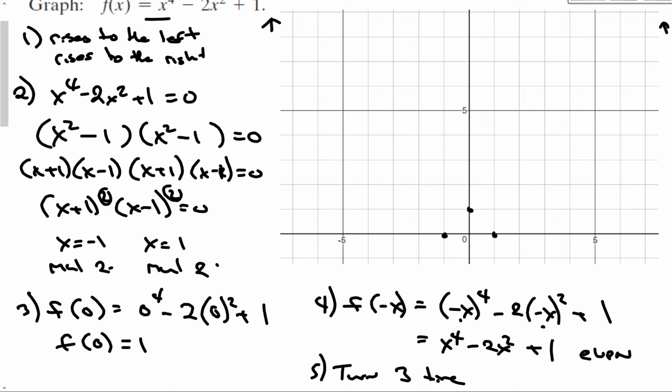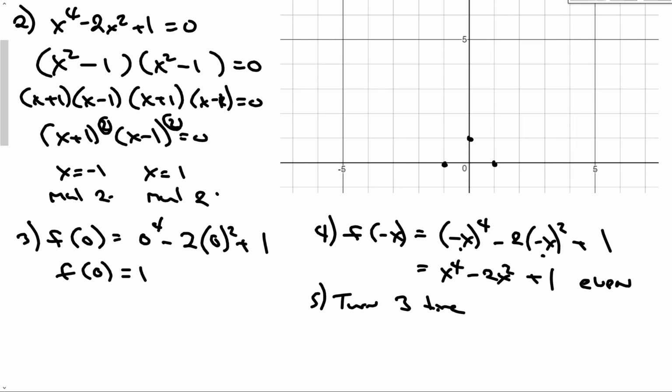So maybe I want just one more data point to help me. And so let's plug in 2. So let's find f of 2. And that's going to be 2 to the 4th power minus 2 times 2 squared plus 1.